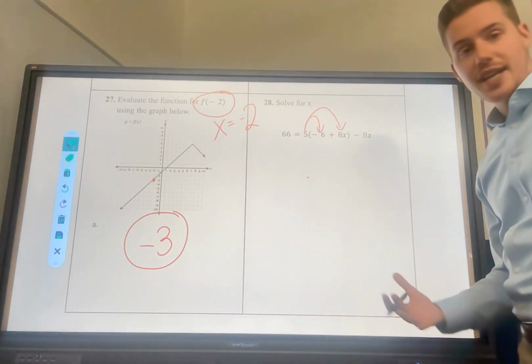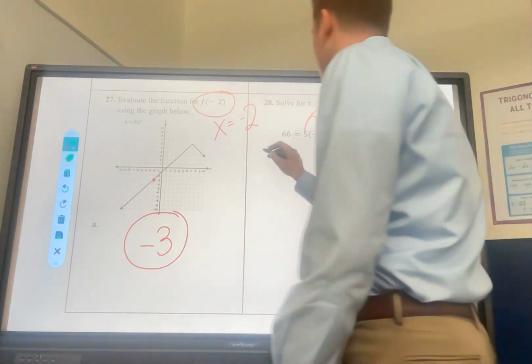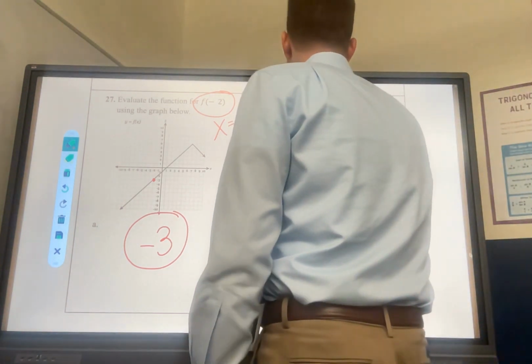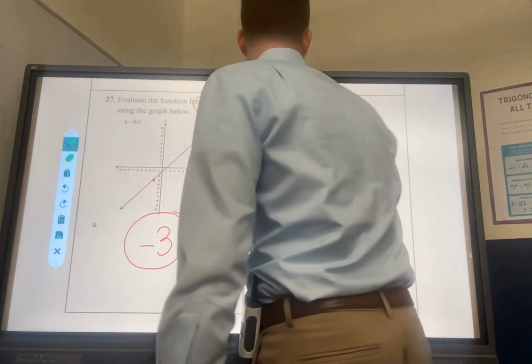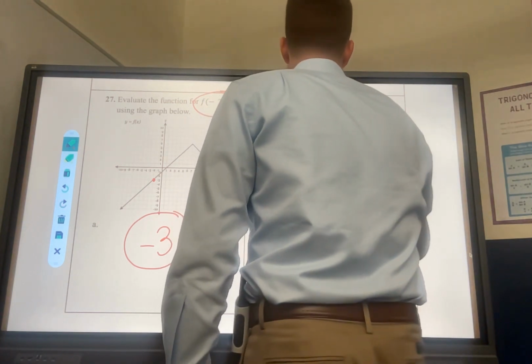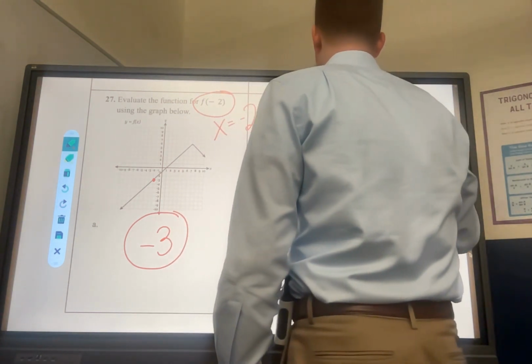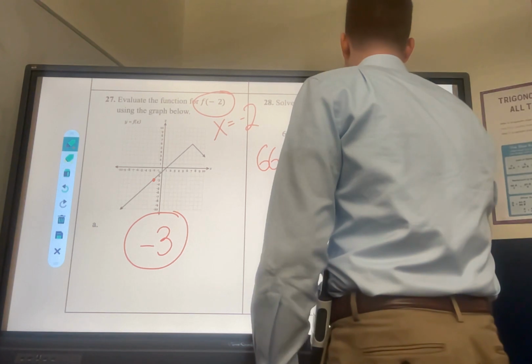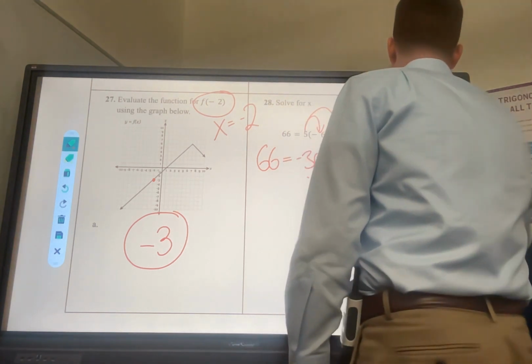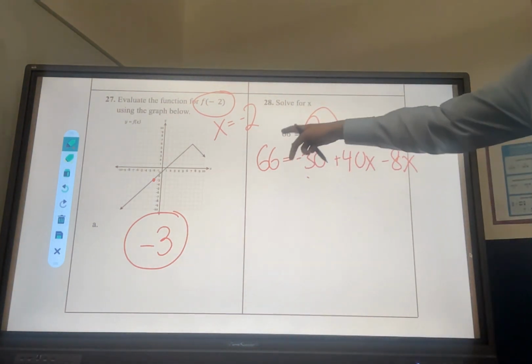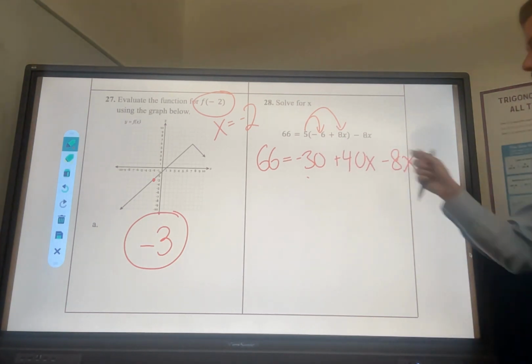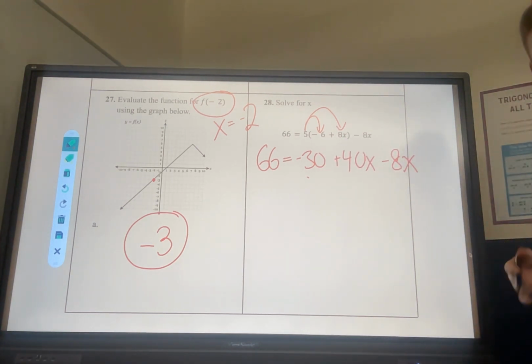And so let's rewrite our second line after we've multiplied out by 5. All right, cool. So I'm left with 66 equals -30 plus 40x minus 8x.